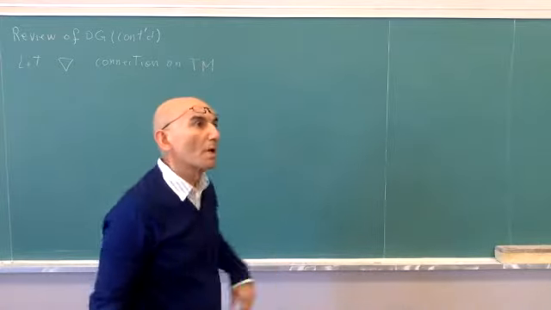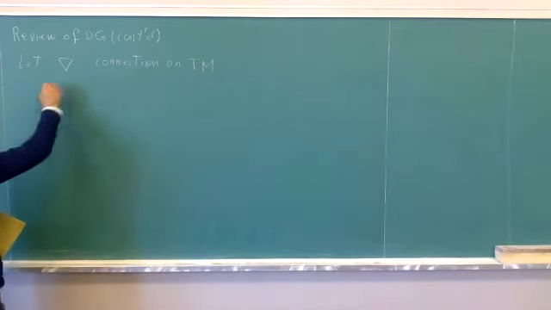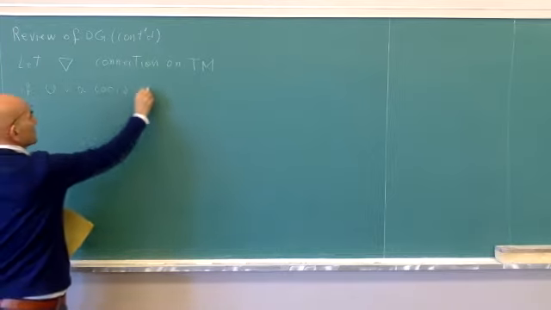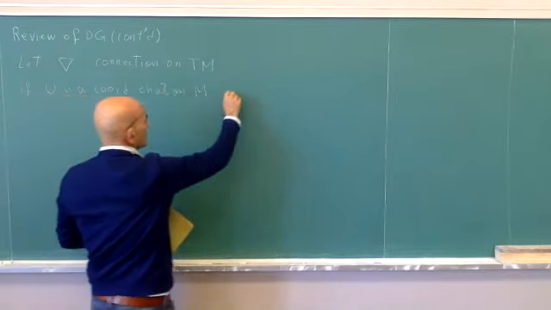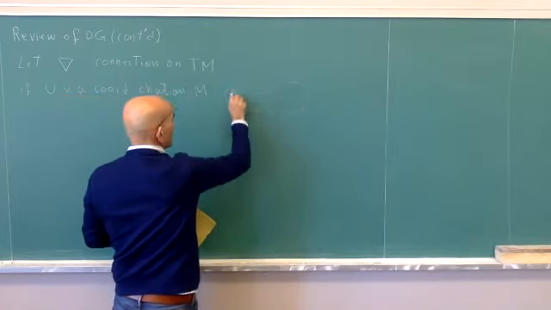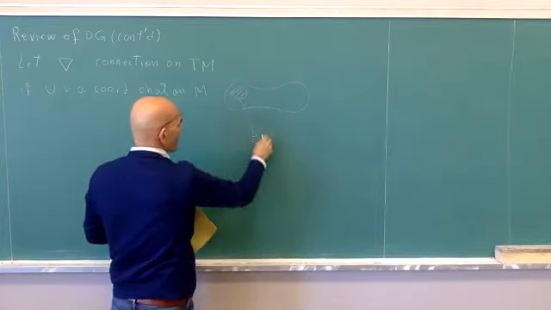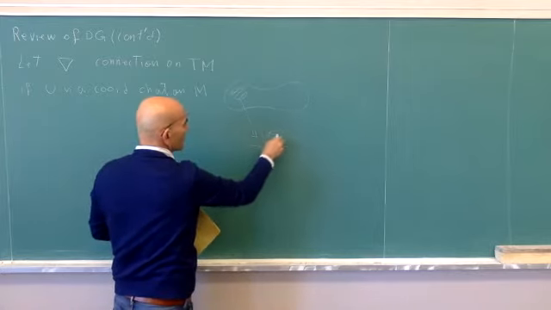Okay, so now if you fix a coordinate chart, you see, so this is like M, right? And you have a small patch, and you have a concrete homeomorphism or diffeomorphism between this and some subset of Rn.